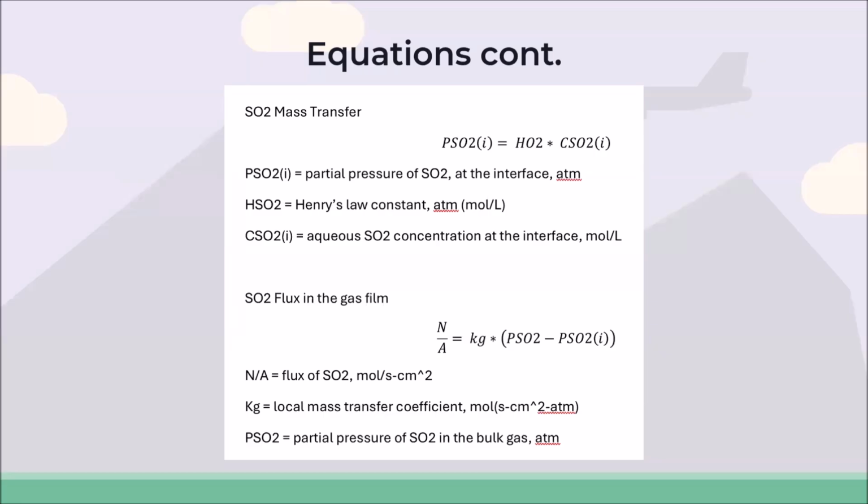And the flux of SO2 is determined by multiplying the local mass transfer coefficient by the partial pressure of SO2 in the bulk gas with the partial pressure of SO2 subtracted. And we can determine how the partial pressure of SO2 changes within the flux.